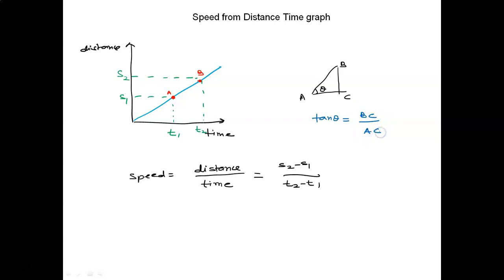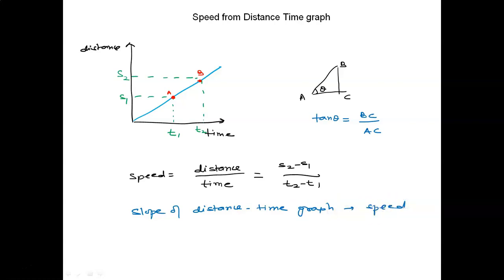That you will learn. BC upon AC. And this is also known as the slope. So if I have to calculate the speed, I can say the slope of the distance time graph. So children, slope of distance time graph gives speed.